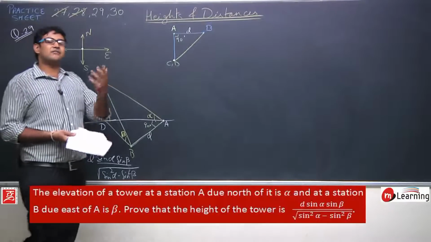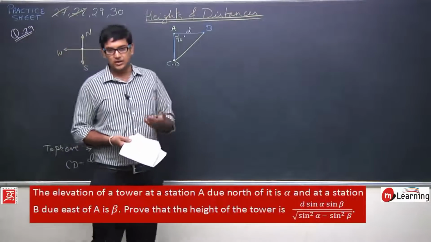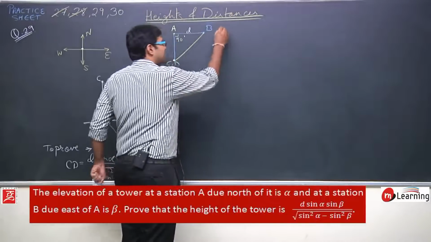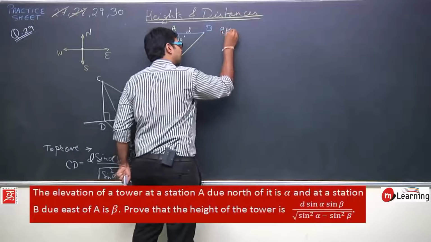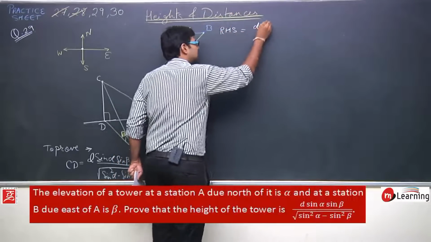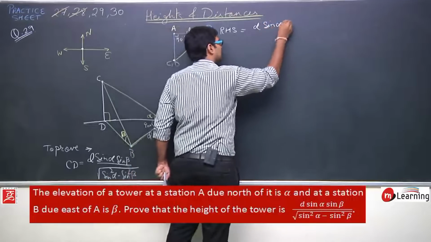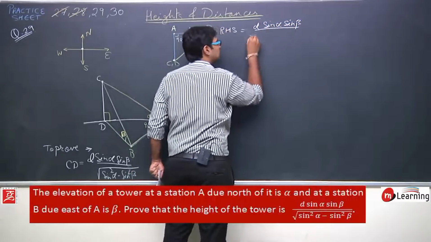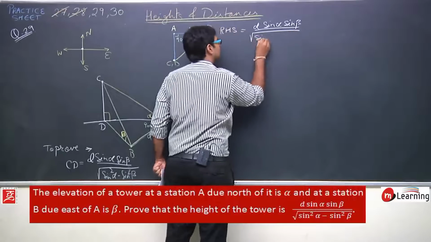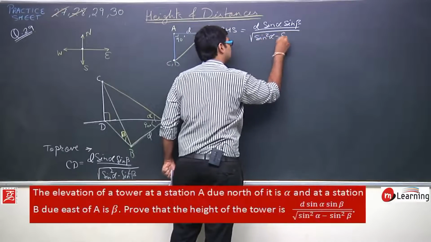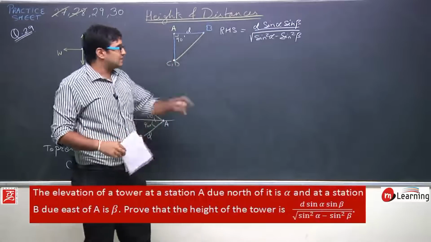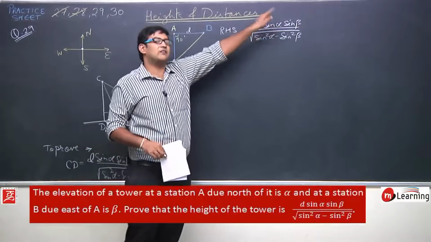Okay, just as you have done in trigonometric questions. So what I am going to do is I will write RHS is equals to what? It is D times sin alpha into sin beta upon square root of sin square alpha minus sin square beta. So what I can see is RHS contains sine of angle alpha and beta.